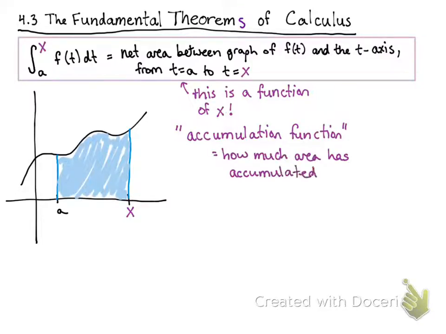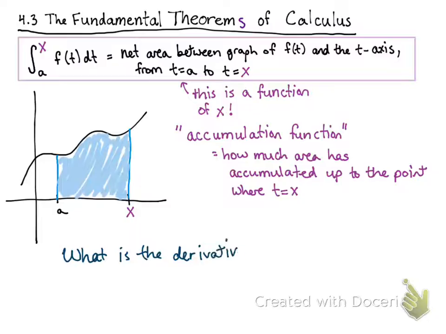The idea is this tells you how area under the graph accumulates as you move from a to whatever point you're stopping at, x. And as you move x farther over, you accumulate more area. So this is an accumulation function. That's just what it's known as. And the point is it's a function of x. You input an x and you output this area.